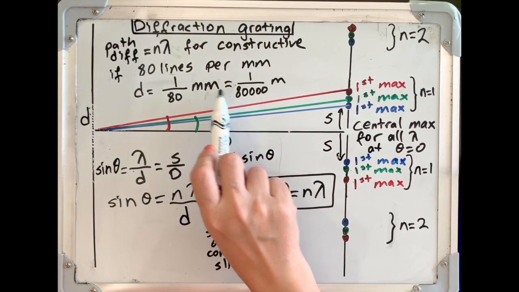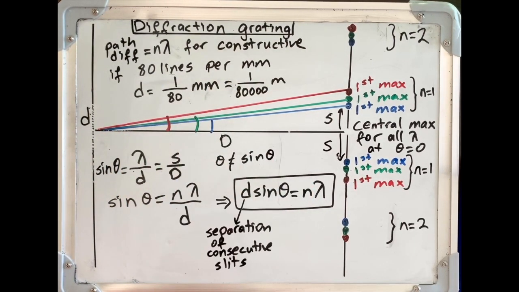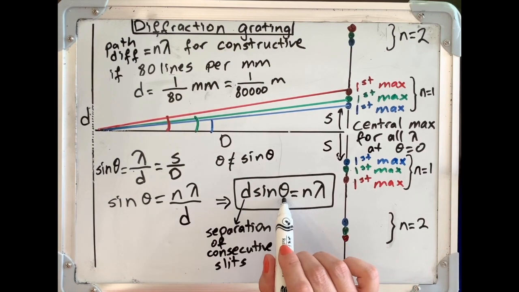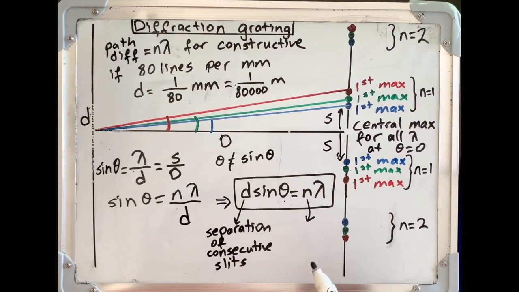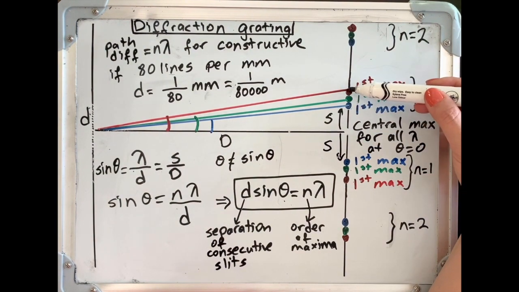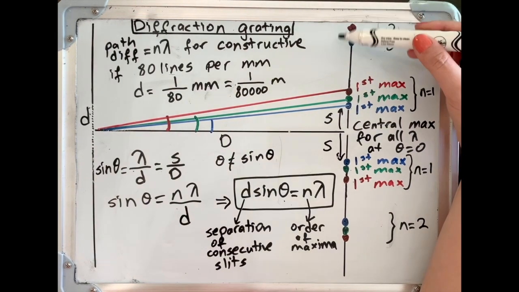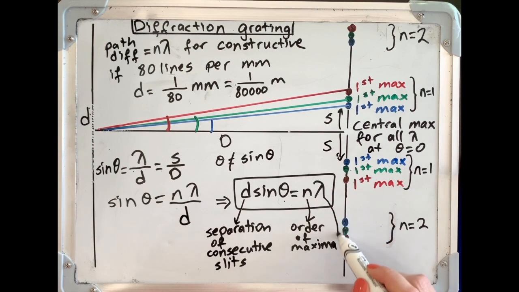As I explained above, that depends on how many lines per millimeter the diffraction grating has. Theta is the angle, and n is the order of maxima. So for the first one, after the center, n is 1. For the second one, n is 2. And obviously wavelength is lambda.